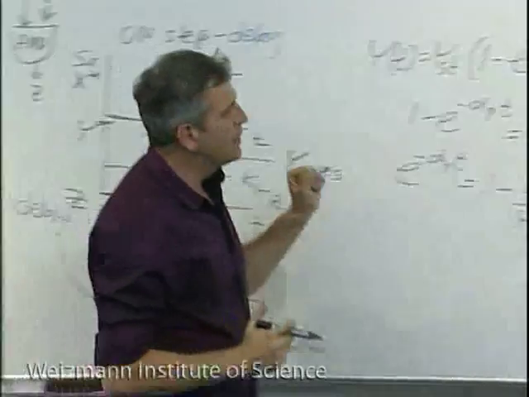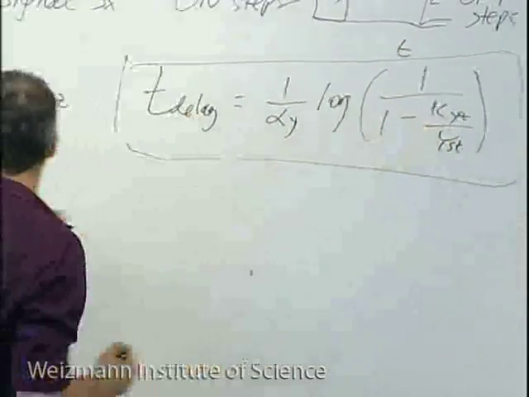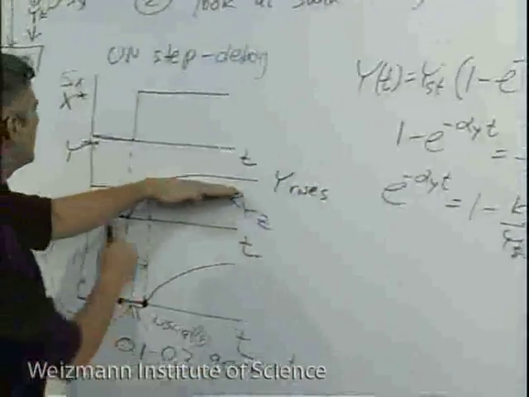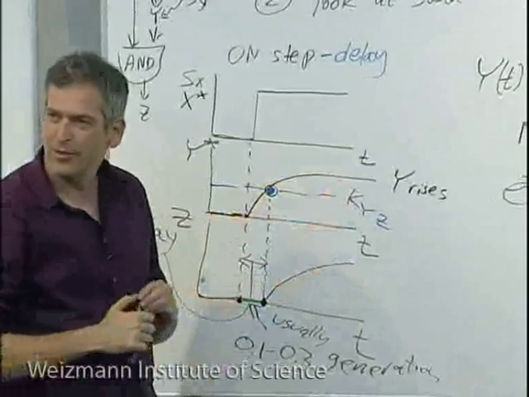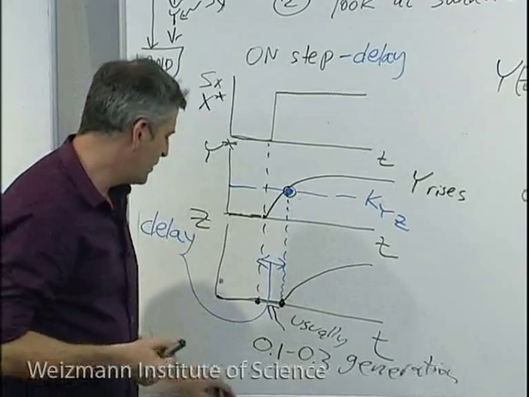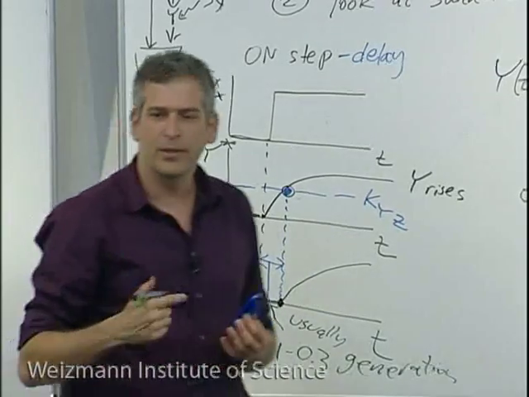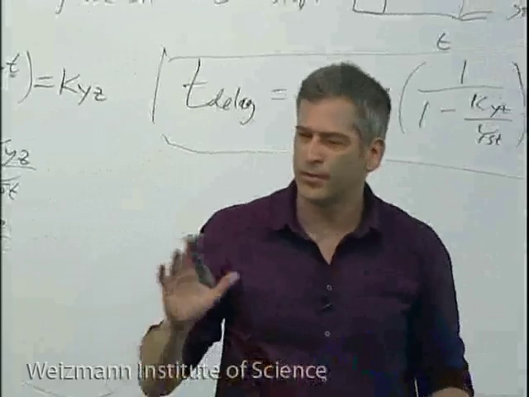For example, if we increase the threshold, the delay is longer. If we decrease the threshold, the delay is shorter, etc. The generation time for E. coli is 20 minutes. That's like the world record, but usually in the lab it's 45 minutes, 30 minutes, 60 minutes.